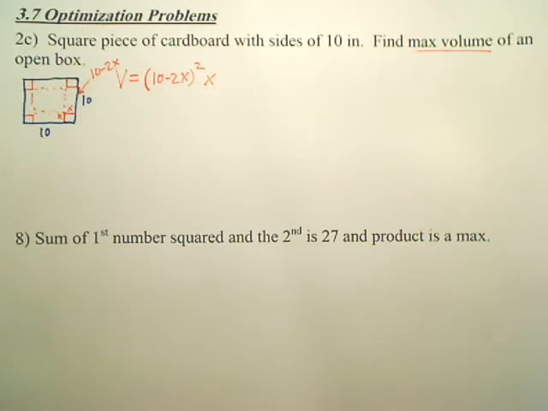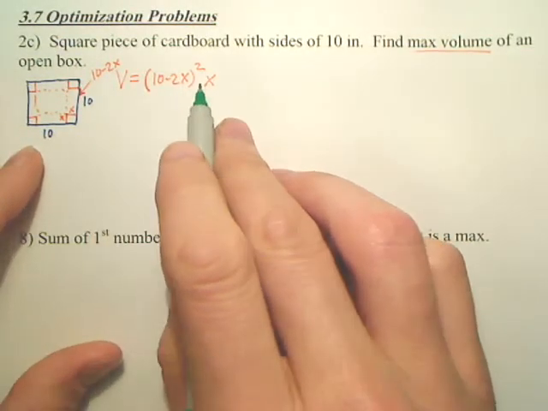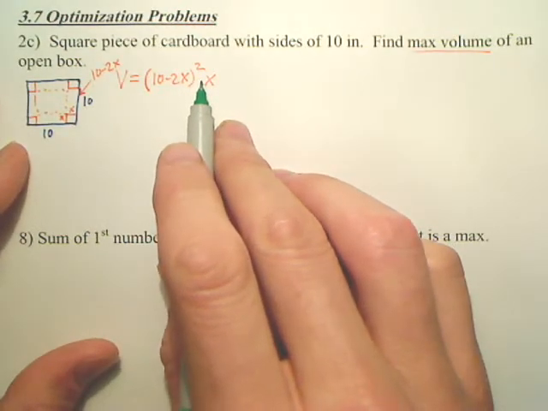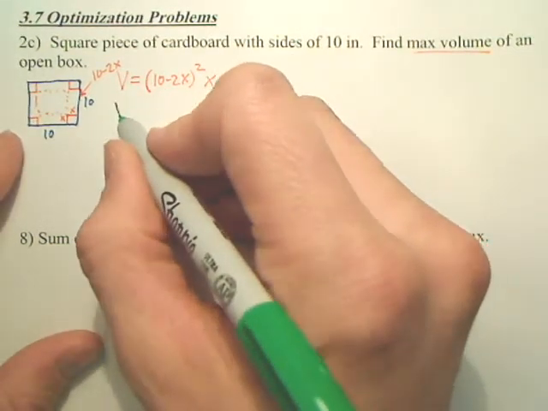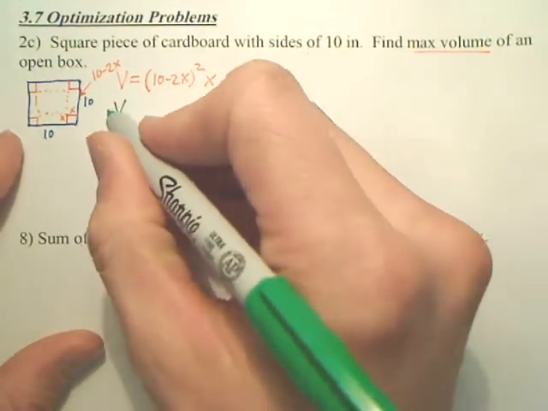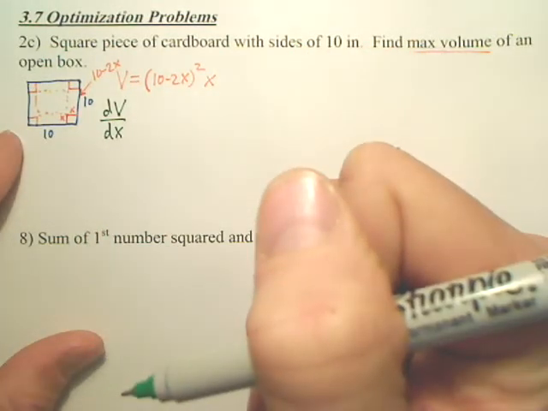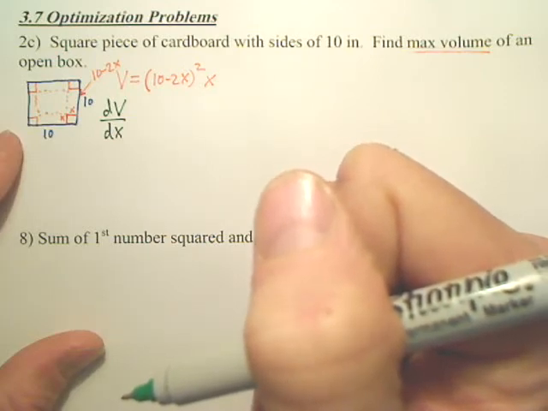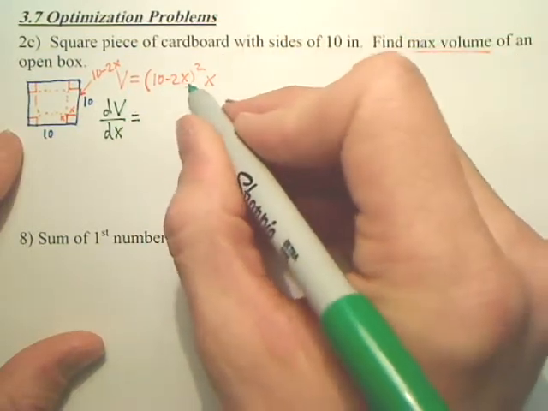Okay, so if we want to maximize the volume, we are going to take the derivative of this and find out the critical numbers and see which critical numbers are maxes. So dV/dx. Are we okay deriving by x? Now could we just put V prime? It's kind of the same thing, but let's just put dV/dx because x is what we're deriving by.